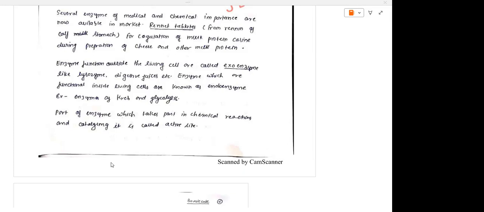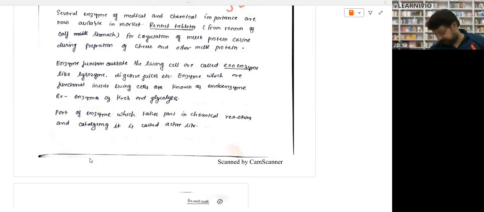It is secreted in the young one, but the secretion gets stopped when they grow up.